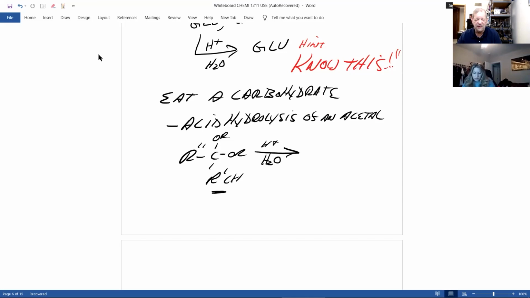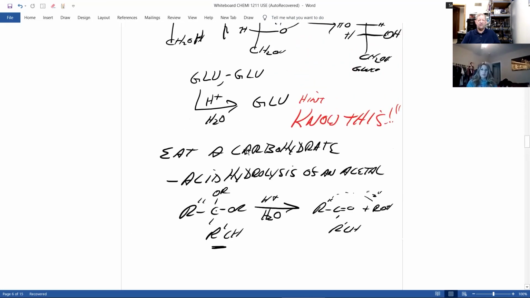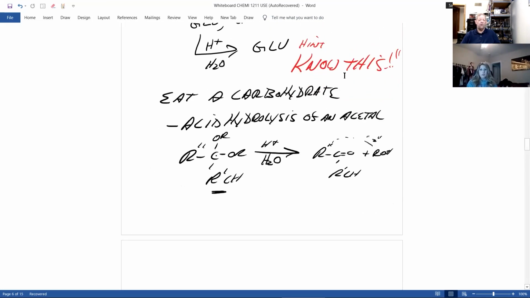All right. Keep your eye on the carbon with 2 oxygens. You get back the ketone or aldehyde, plus the alcohol you would have used to make that. In this case, they're connected together to make glucose. So the question is, how do you describe with words and a general reaction what happens when you eat a carbohydrate?